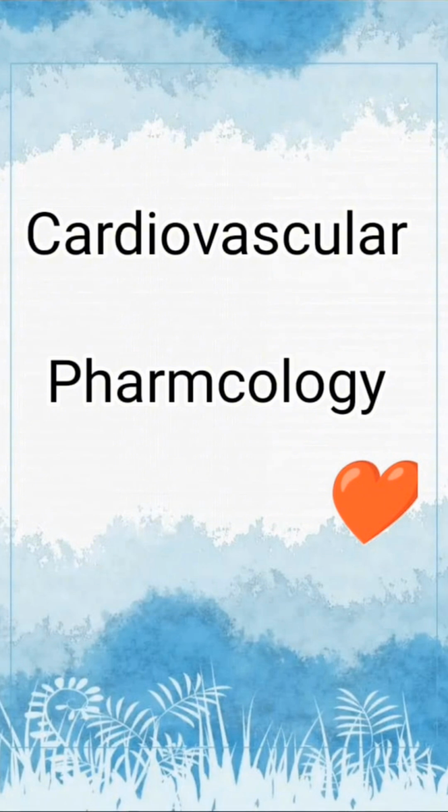So that's why nitrates are contraindicated in hypertrophic cardiomyopathy, because they can further exacerbate the patient's condition, leading to heart failure. Next, why are nitrates contraindicated in right ventricular infarction? The reason is the same as with hypertrophic cardiomyopathy. Nitrates are contraindicated in right ventricular infarction because they can significantly lower the blood pressure by reducing preload, and preload is the amount of blood returning to the heart.